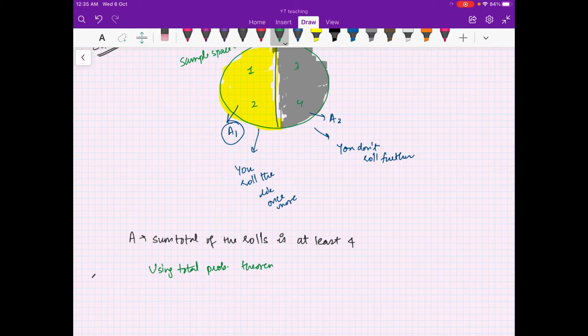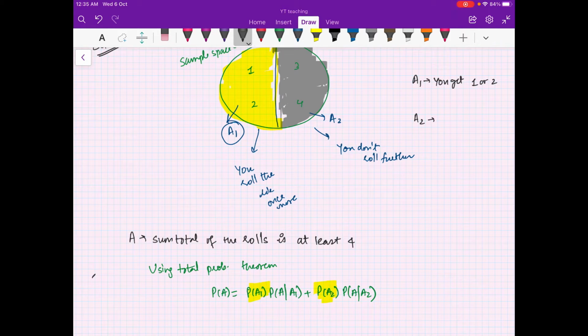probability of A will be equal to probability of A1 into probability of A given A1, plus probability of A2 into probability of A given A2. Now what is the probability of A1 and what is the probability of A2? Here A1 is you get 1 or 2, and A2 is when you roll the die you get 3 or 4.